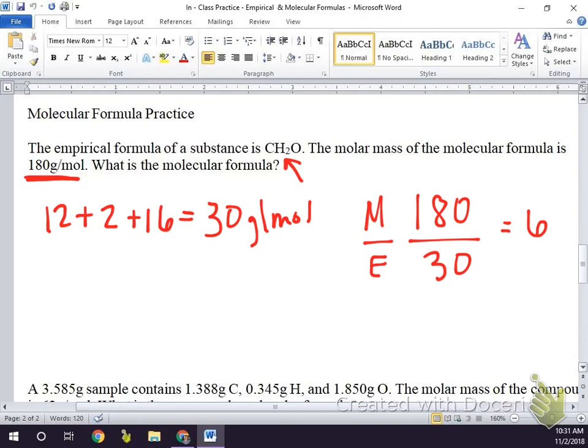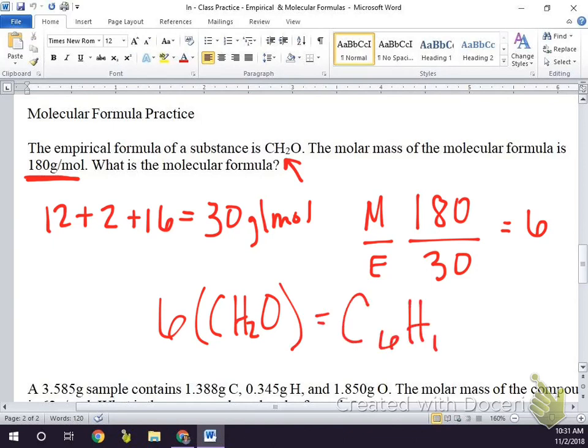So what that's saying is that this particular unknown molecular formula is 6 times heavier than the empirical formula. So the way we put that into a new chemical formula is we say 6 times CH2O, which equals C6H12O6.